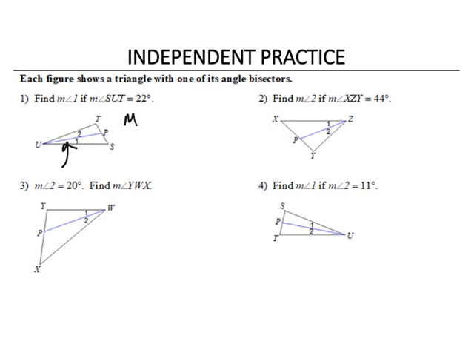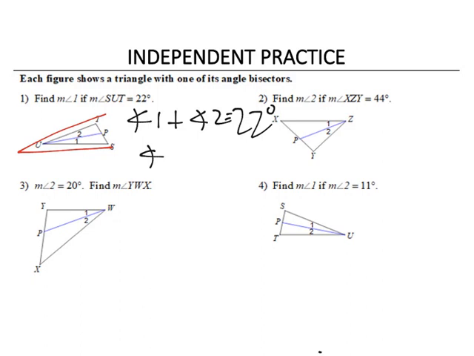Angle 1 plus angle 2 equals, well, SUT is this whole thing. So angle 1 and angle 2 added together would give me 22 degrees. We're told that. So what's half of 22? That would equal the measure of angle 1. So the measure of angle 1 is equal to 11 degrees. You're going to work the rest of them like that.